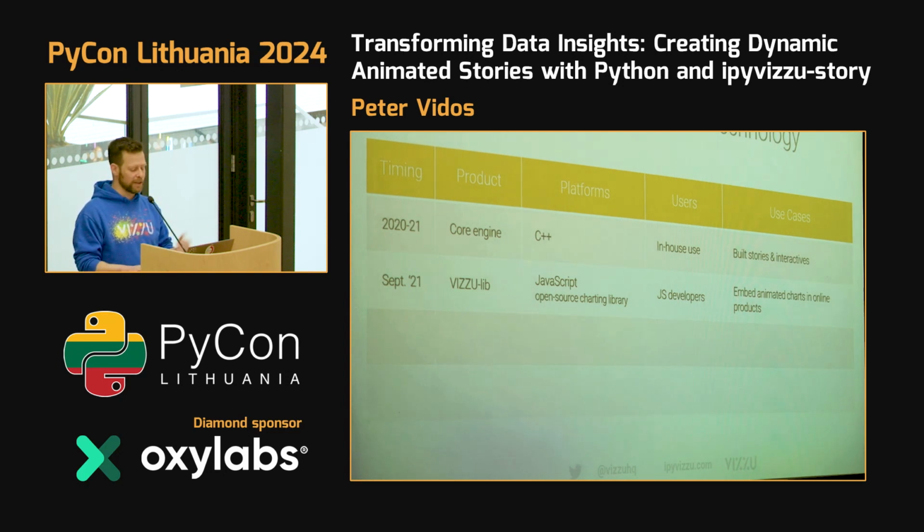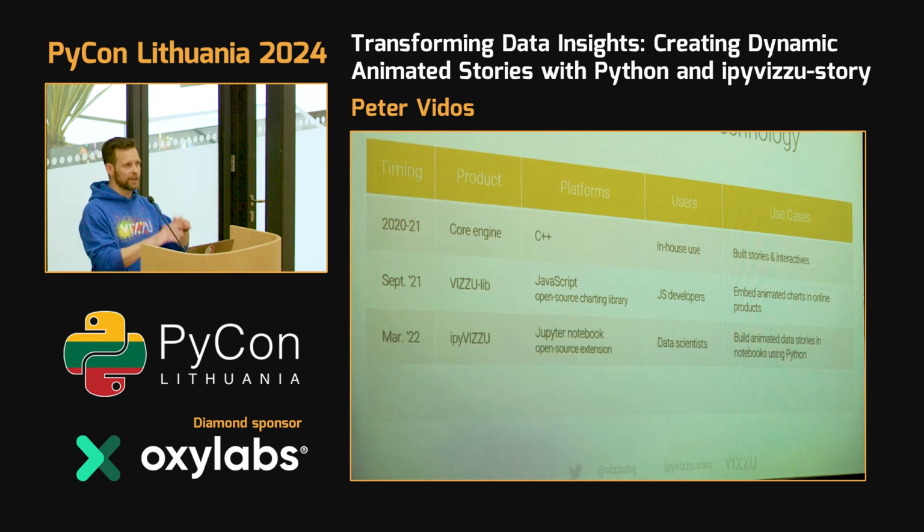And we realized early enough that in the JavaScript world there are tons of great data visualization tools, whereas in the Python world the need for storytelling is higher and more obvious, and that you are less well equipped with different data storytelling tools. So we released ipyvizzu 2 years ago, which is a Jupyter notebook extension.